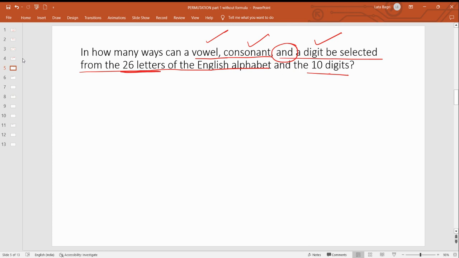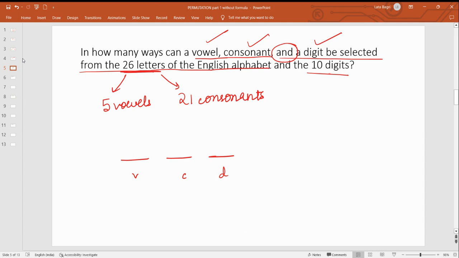Out of the 26 letters there are 5 vowels and 21 consonants. So this is my code: a vowel, a consonant, and a digit.